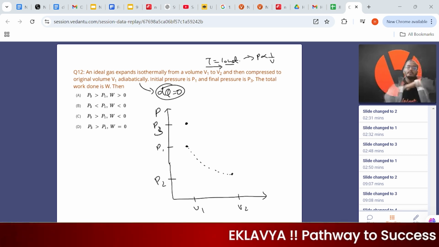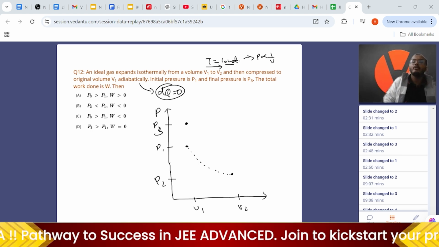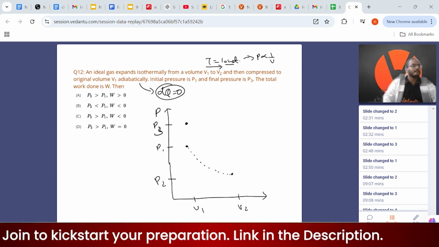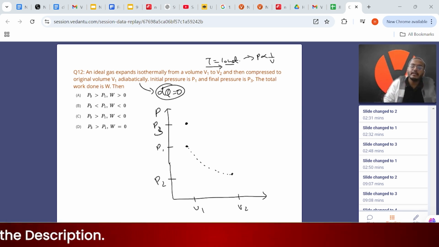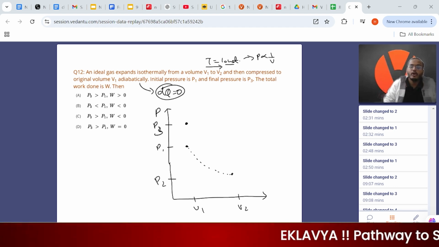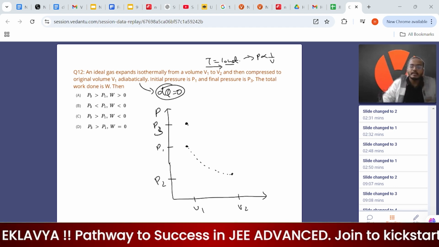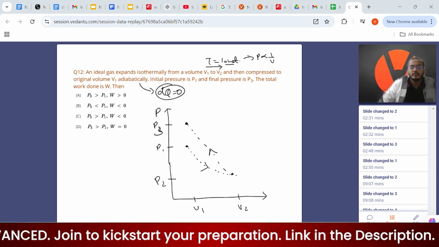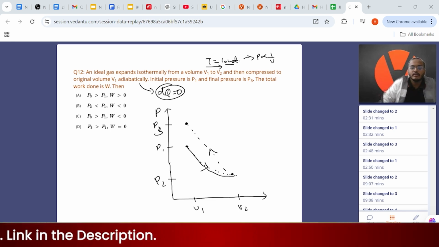Because we know that when we talk about the adiabatic process, it is steeper than the isothermal. So this will be my adiabatic process. It will go like this and it will go like this. So my diagram will look like this.